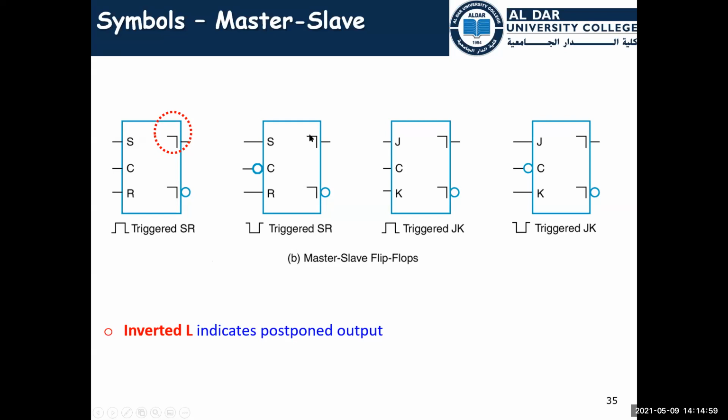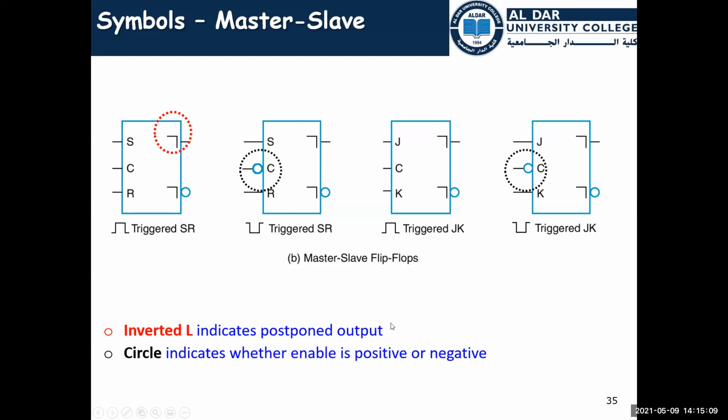This converted L-shaped letter here indicates the postponed output. The circle indicates a negative. So the control here, 0 will activate, not 1, because we have a bubble here, meaning 0 will activate the flip-flop.